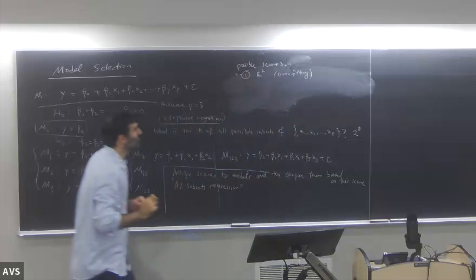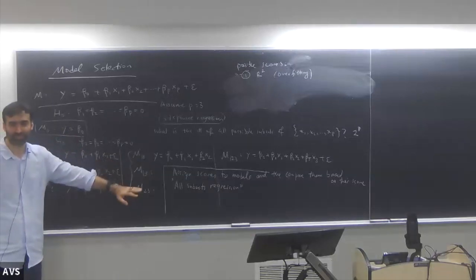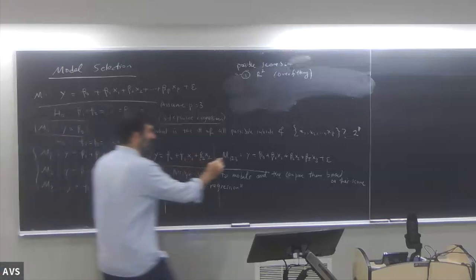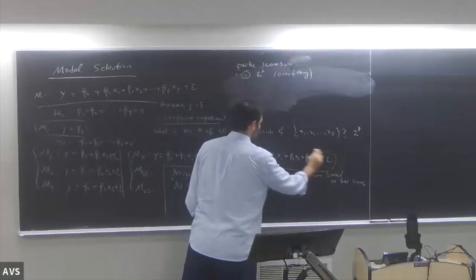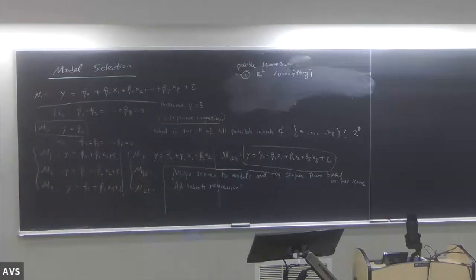That's a good answer, but let's say you apply R squared in the equation. Can you tell me which model it would pick based on R squared? So I'm always going to pick this one, if I use R squared. Why? It's the most complex, but minimum SSE.